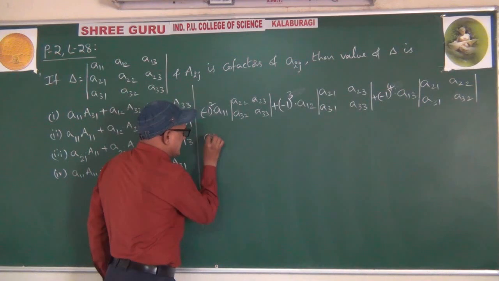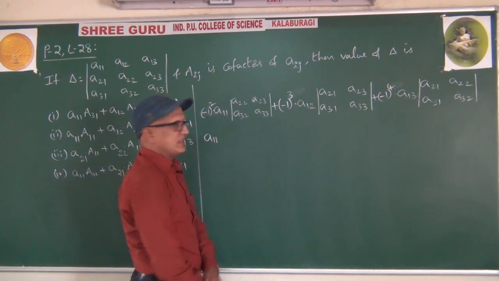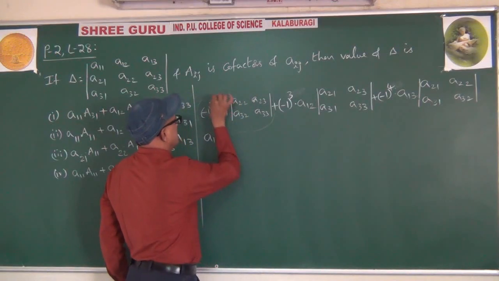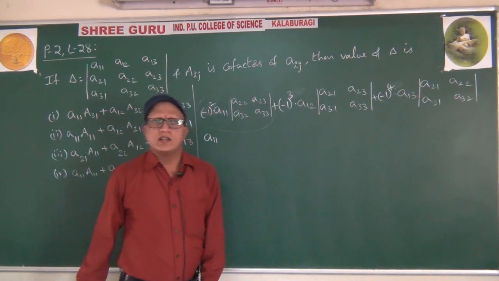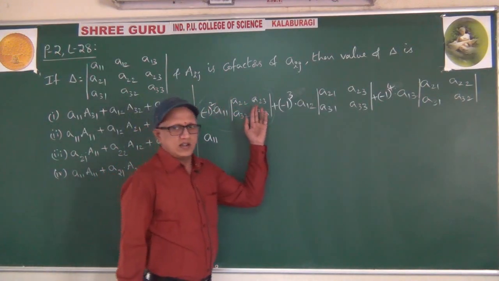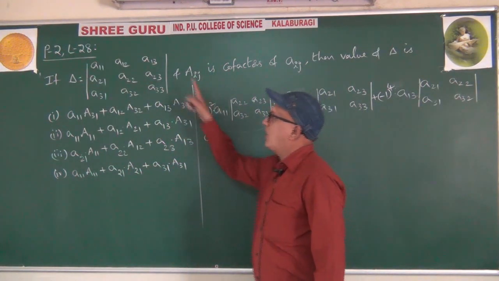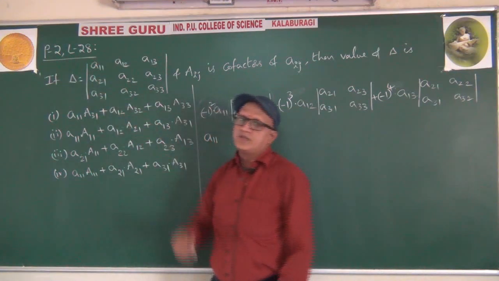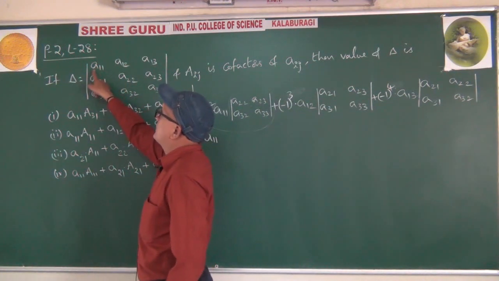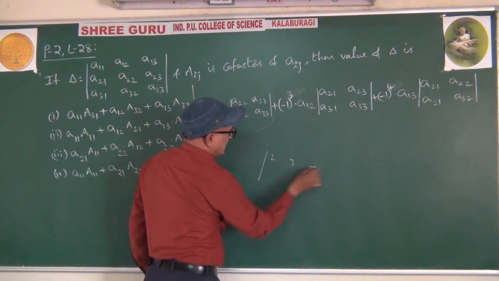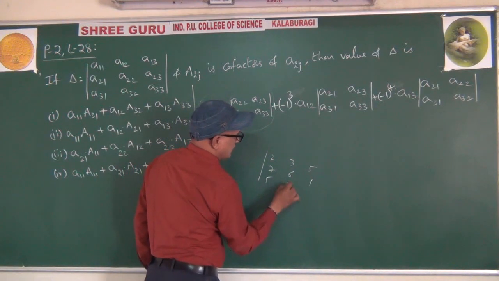Now what I am doing? A11 I keep as it is. This is the cofactor of capital A11, the cofactor of the element small a11. How to find it? For example, take the matrix 2, 3, 5, 7, 6, 1, 5, 2, minus 1.